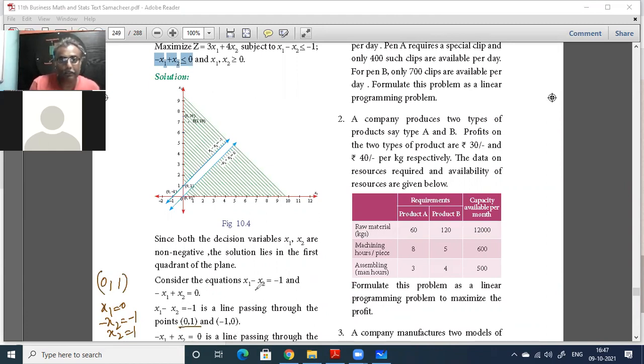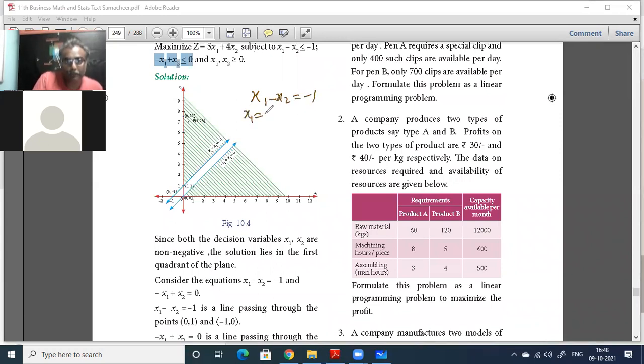Wait, we will do it from the beginning. The first equation is x1 minus x2 is equal to minus 1.